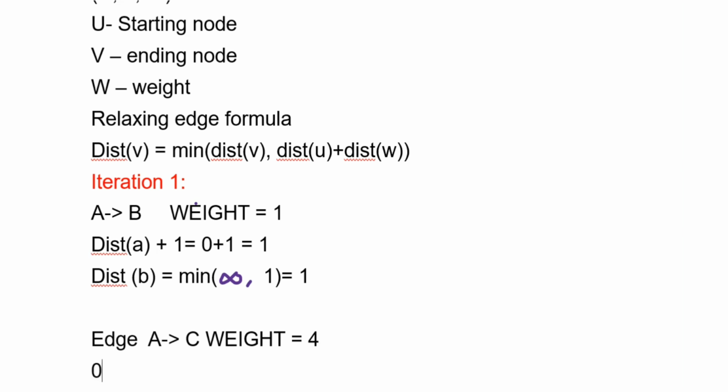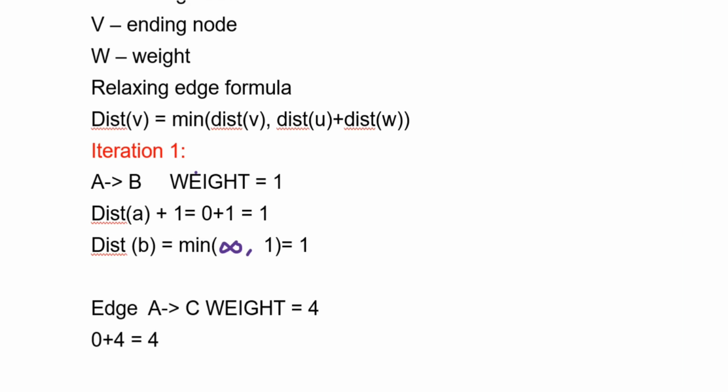Distance of A is 0, 0 plus 4 is equal to 4. Next, we substitute: distance of C is the minimum of infinity, comma, 4, since C is infinity. This is the new distance.